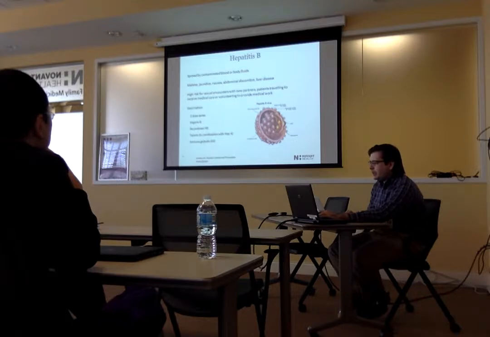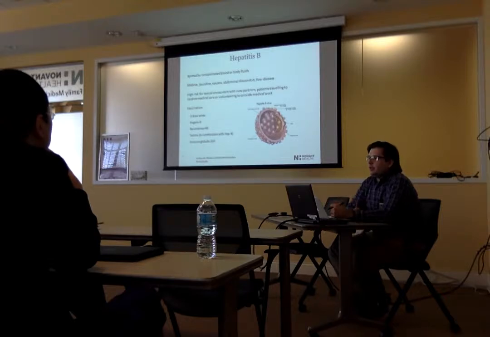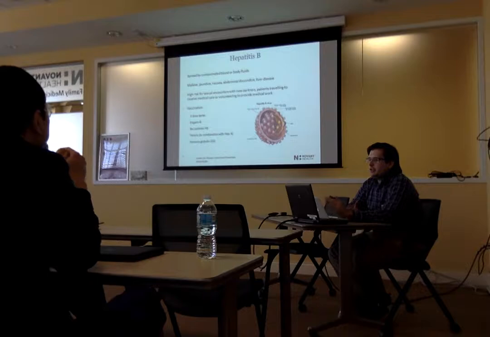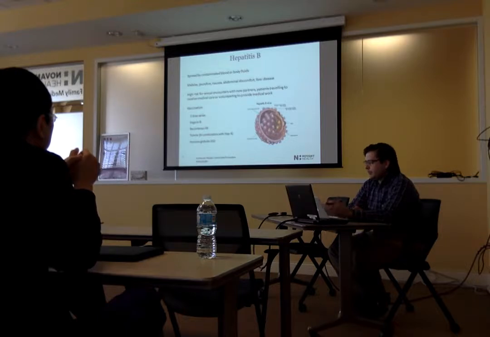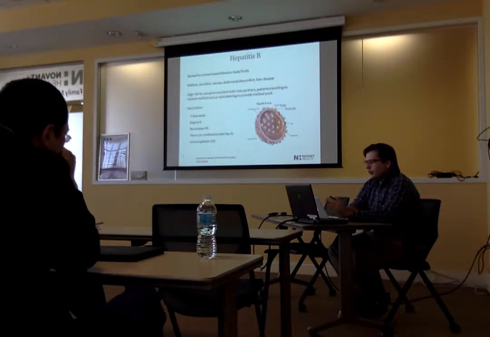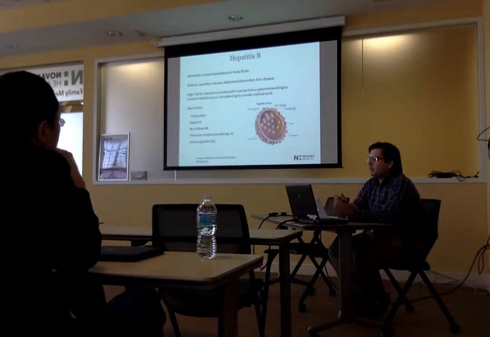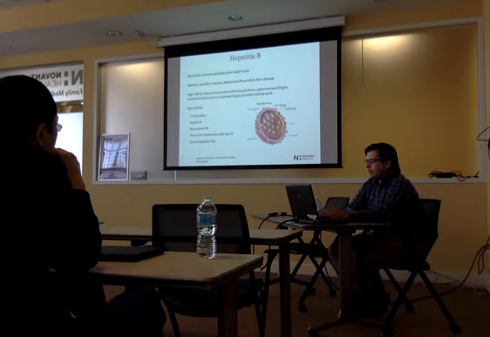With hepatitis B, so similar. This one's spread by contaminated blood or body fluids. Again, you can see those symptoms of malaise, jaundice, nausea, abdominal discomfort, liver disease as well. Again, seen in areas with not the greatest sanitation, or areas that don't have preventative measures, like personal protective equipment in field medical areas.